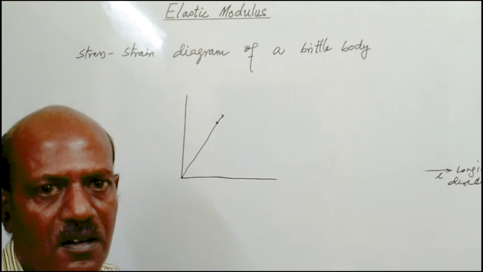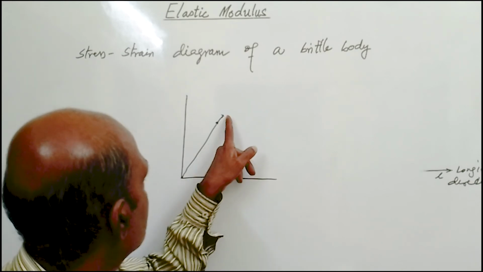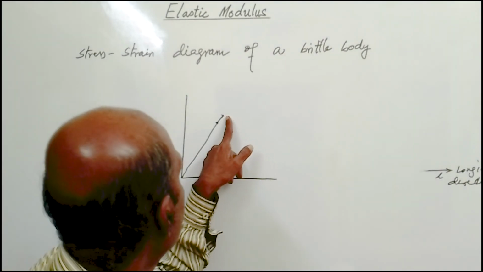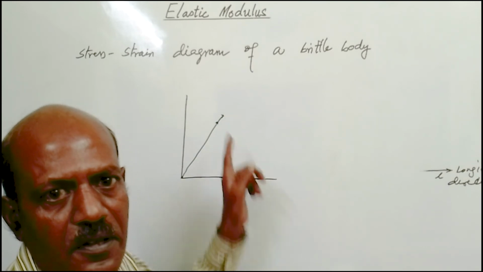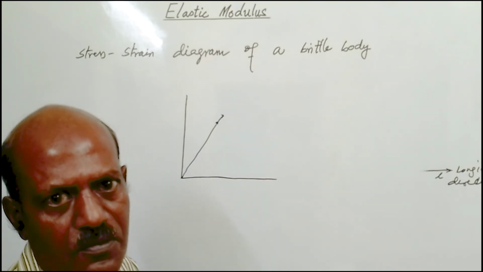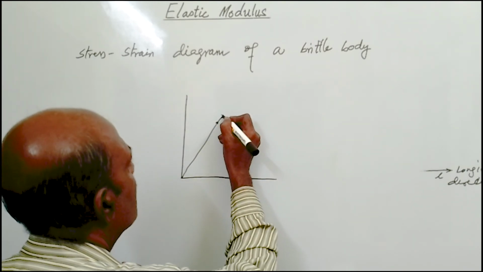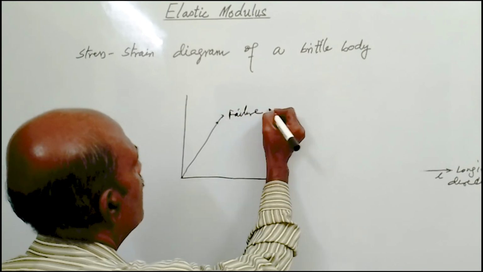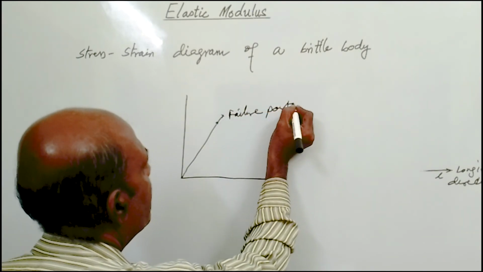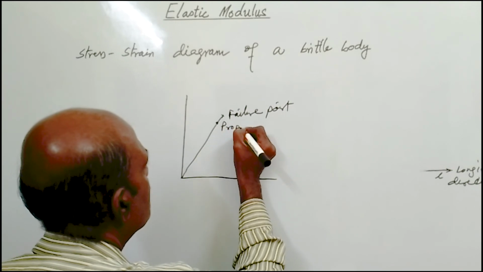Even the upper limit, that is upper yield point, is not clearly defined for this body, because without much deformation the body will fail. This is the failure point, and this point is called the proportional limit.